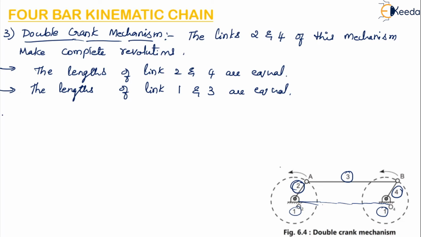An example of this double crank mechanism is the coupling of locomotive wheels, where the wheels act as cranks of equal length and the length of the coupling rod is equal to the center distance between the two coupled wheels.